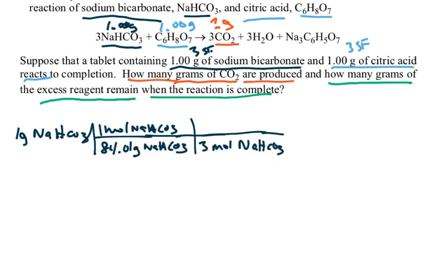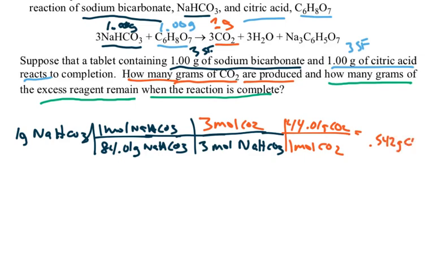Okay, so for 3 moles of NaHCO3, we have 3 moles of CO2. And in 1 mole of CO2, we have 44.01 grams CO2. So that one makes 0.542 grams of CO2. Okay?